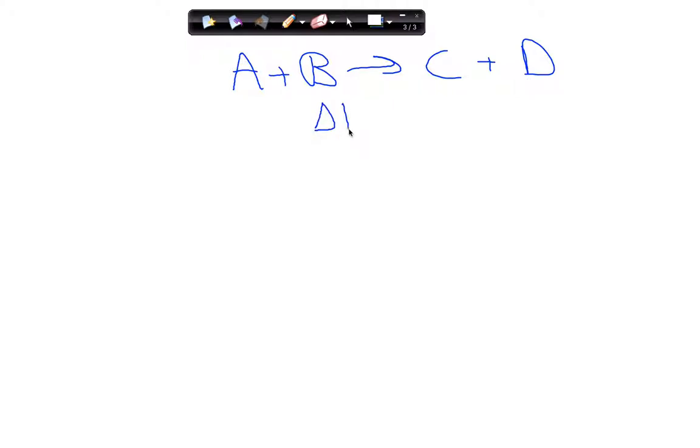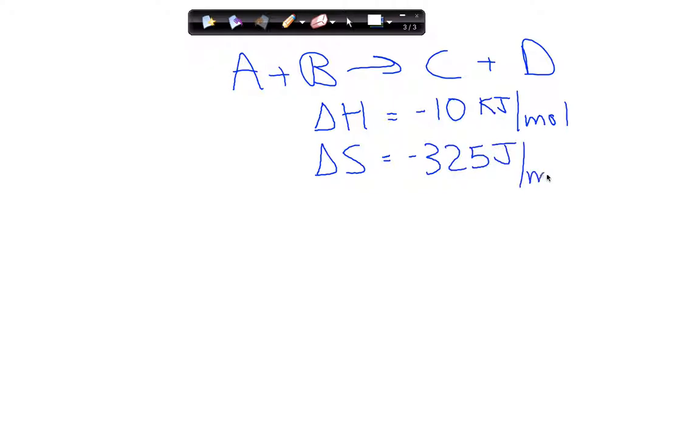So delta H for this process is negative 10 kilojoules per mole. And then delta S for this process is negative 325 joules per mole Kelvin.